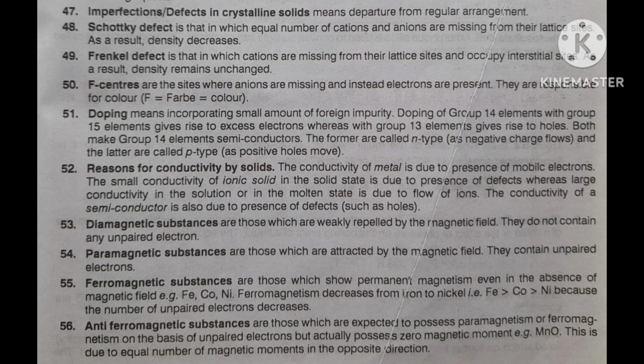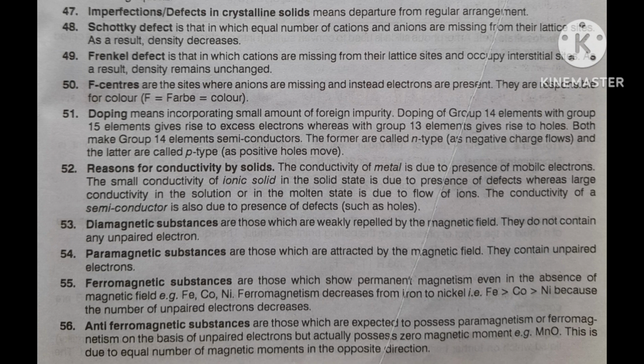Now the next point I am going to discuss is F centers. F means Farbe. F-A-R-B-E. In a simple way it is written F, and Farbe means color. That is called F center.